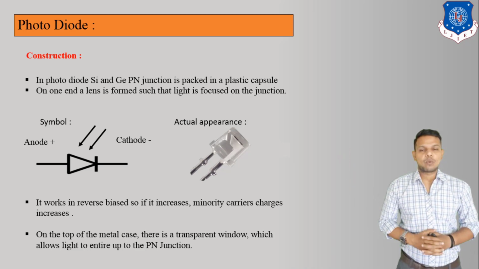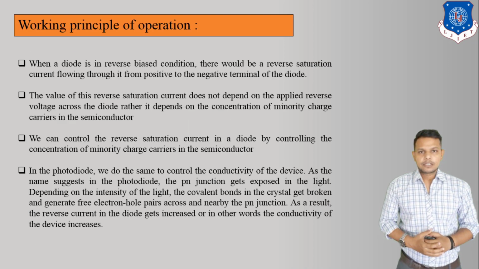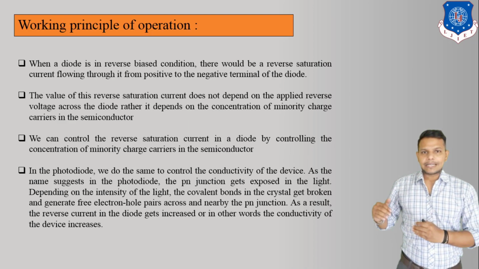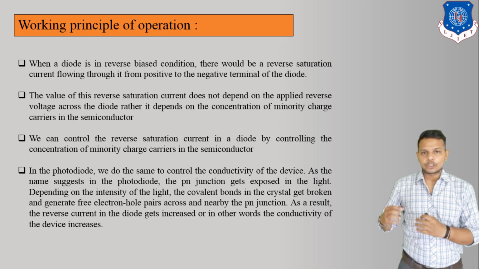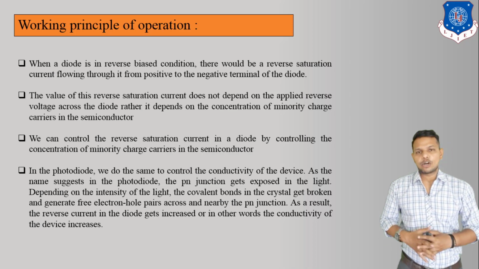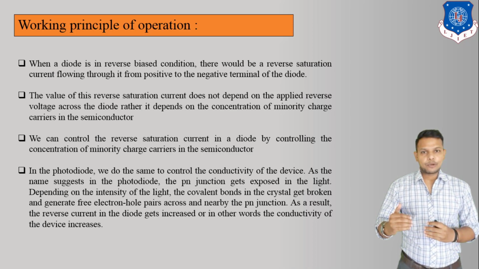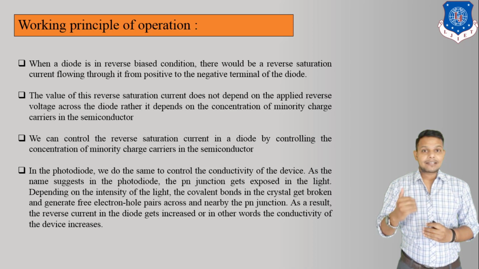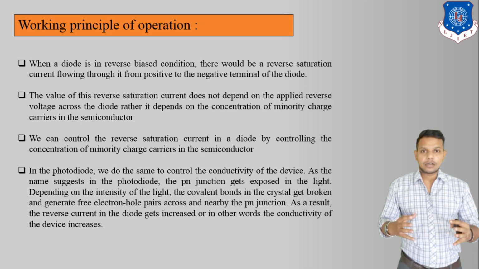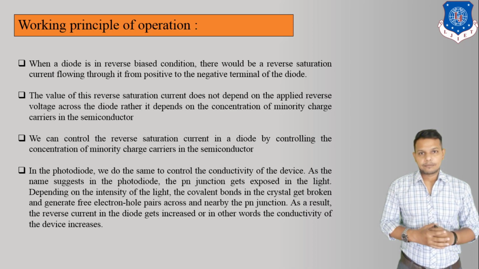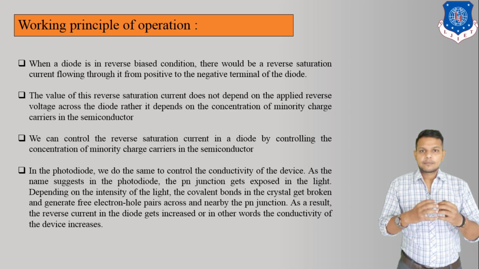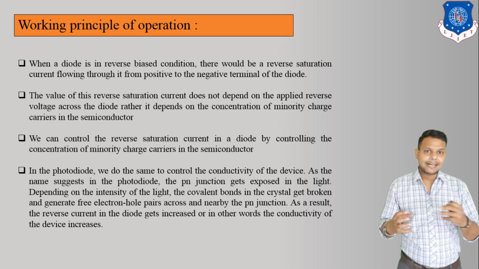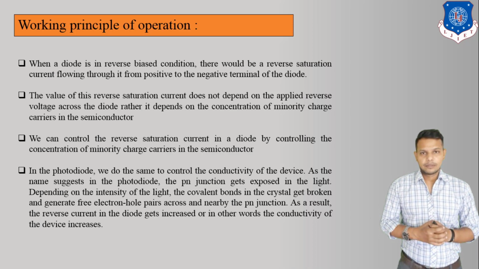So let us discuss its working principle, how it works. Here we can see when the diode is working in reverse bias condition, the reverse saturation current flows through it from positive to negative terminal of the diode. Now I am going to discuss the reverse biased condition. That means its depletion width is larger, wider compared to the forward one. That means the depletion region is spread in the P-type and N-type regions.